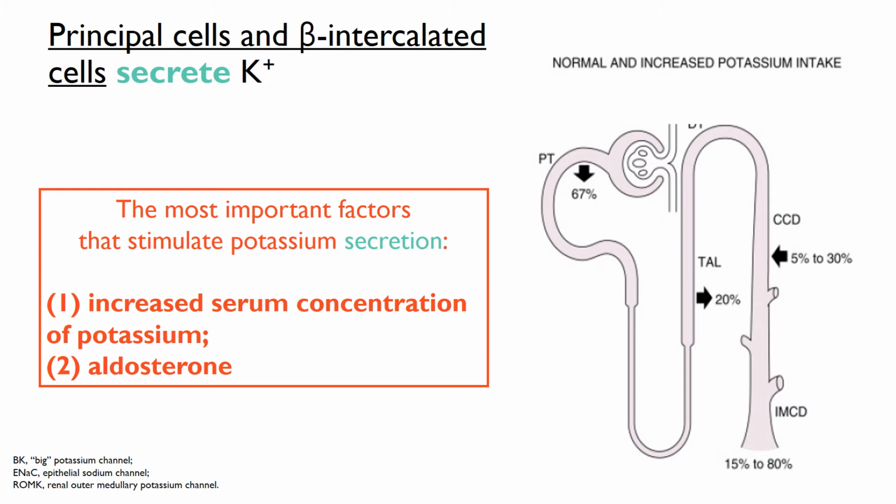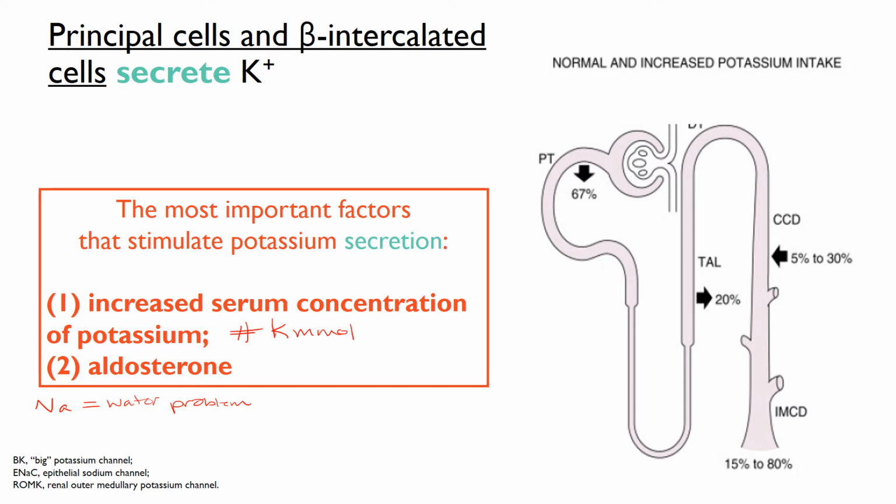As opposed to sodium, where usually sodium concentrations are related to a water problem, that's not necessarily the case with potassium, and the reason why is there is just simply so much more sodium in the extracellular compartment than there is potassium. And so as a result, when we say increased serum concentration of potassium, we really are focused specifically on the number of potassium in terms of millimoles that there is in the extracellular compartment.